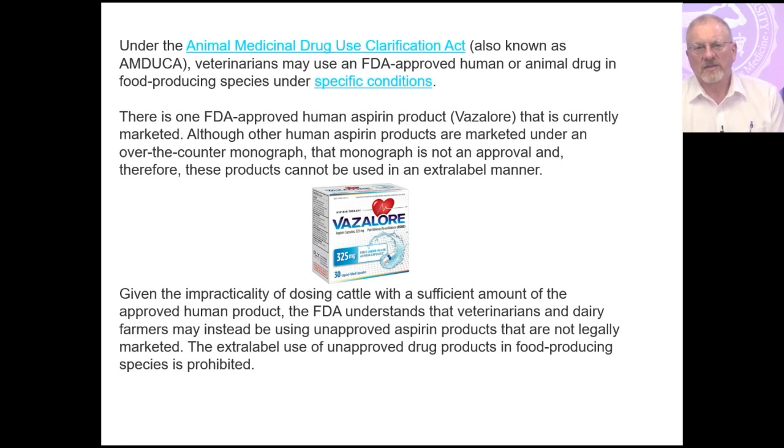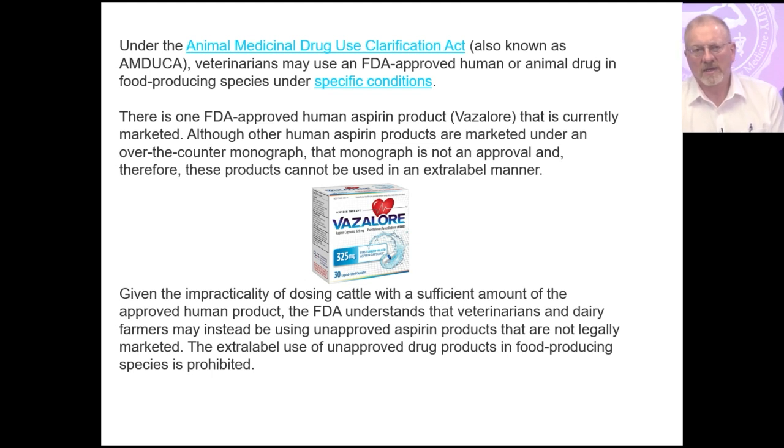And in this case, seeing that their information was that it was being used in these cattle on a widespread basis, they elected to come out and say that there will not be regulatory discretion, and that this is an illegal drug to use, since it has no FDA approval for the specific products being used. And that's how that came about.